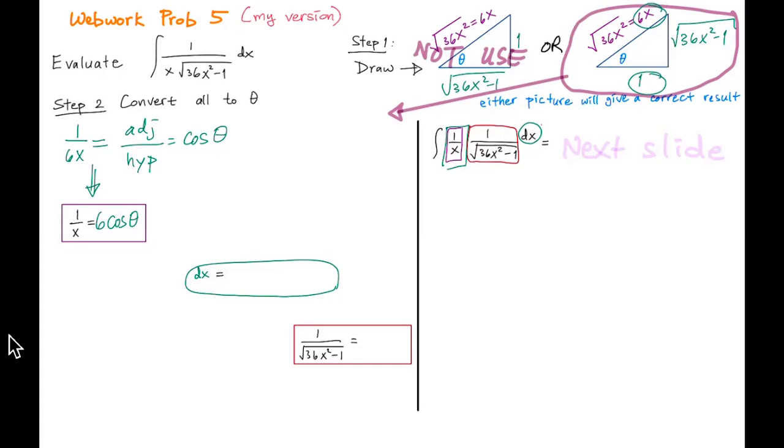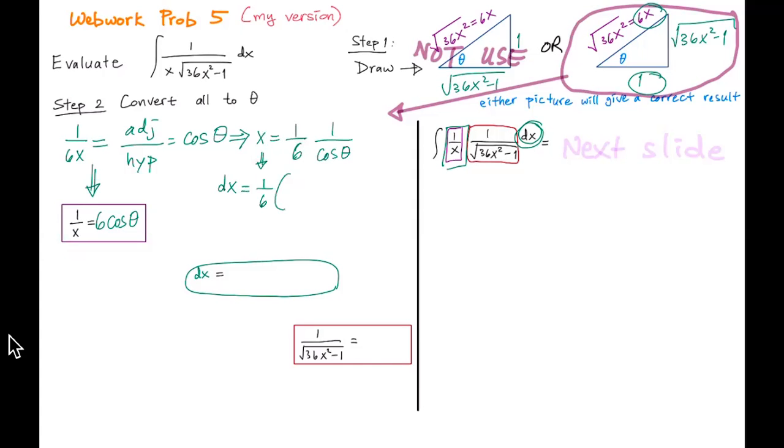Next, let me replace this dx. In order to do that, I need to write an expression of x in terms of theta. So I have x equals 1 over 6 times 1 over cosine theta. And from here, I have dx is equal to 1 over 6 times the derivative of 1 over cosine theta.